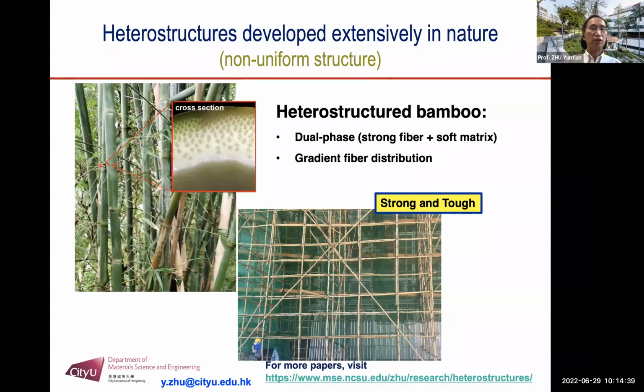You can see this is the regular bamboo. If you cut the cross section, you can see the fiber distribution is non-uniform. So the fiber in the soft matrix is a heterostructure, and the distribution also has a gradient. So this is a two-level heterostructure.